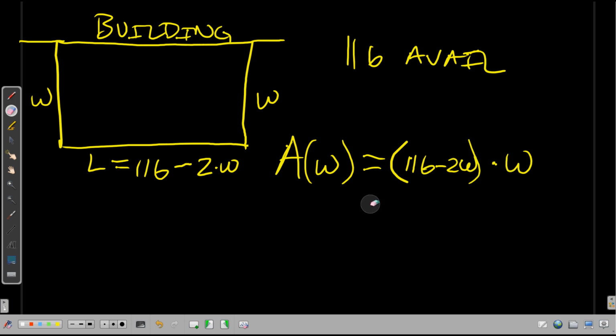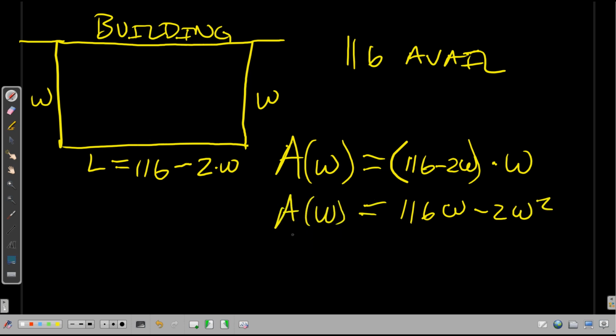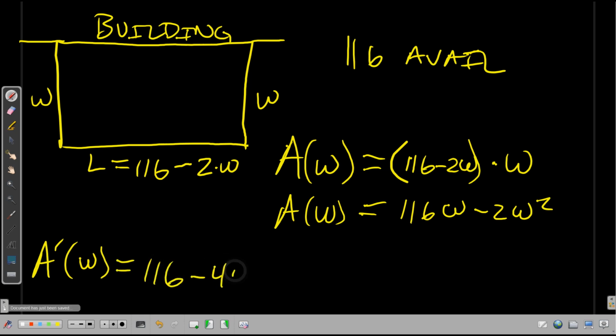Now if I go ahead and distribute that w in just to make the derivative easy, then I would have 116w minus 2w squared. And this is my area function. This is the thing we want to maximize. So when I take the derivative of that area function, I would be getting 116 minus 4w.